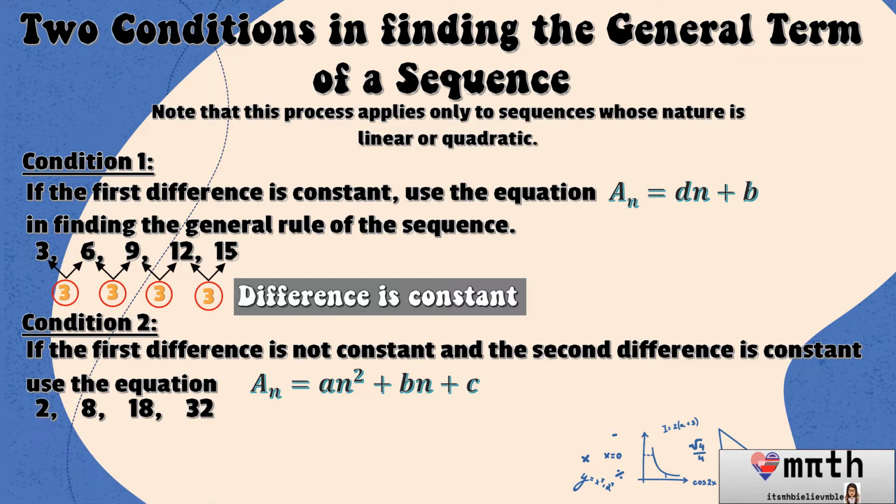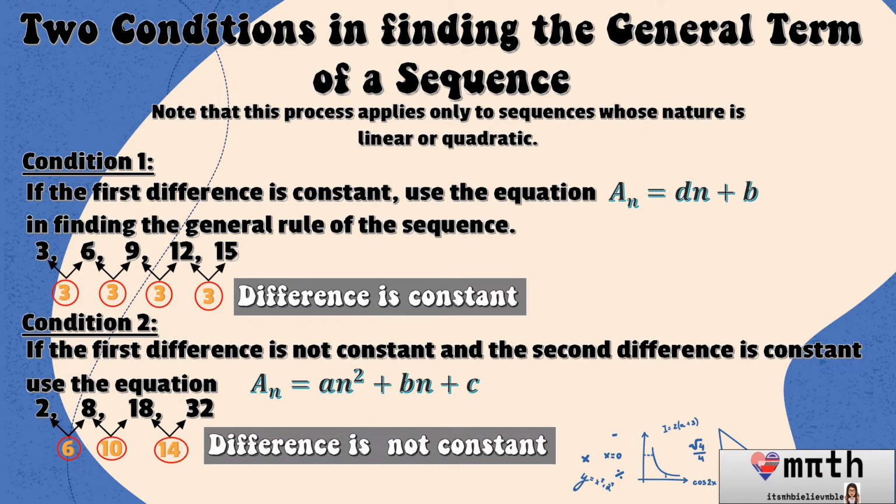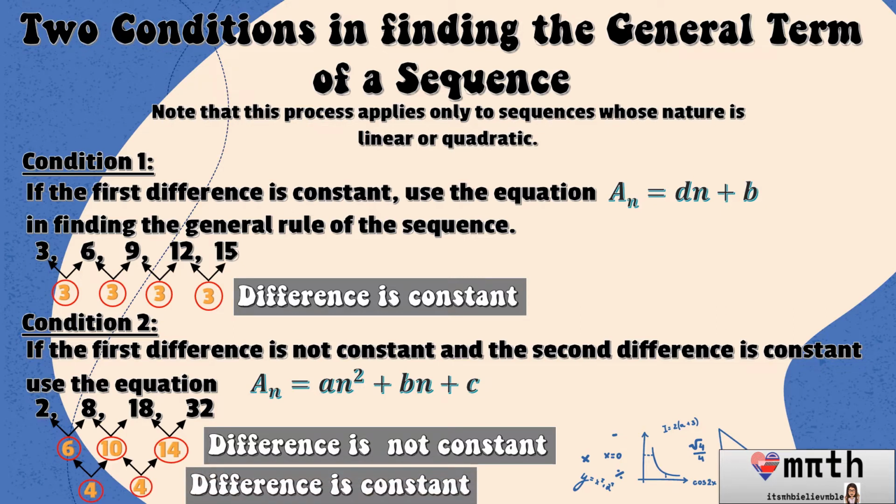In the sequence 2, 8, 18, 32, we have differences of 6, 10, 14 respectively. So, the first difference is not constant. While if we get their difference again, we're going to have 4 in each, wherein their difference is constant.